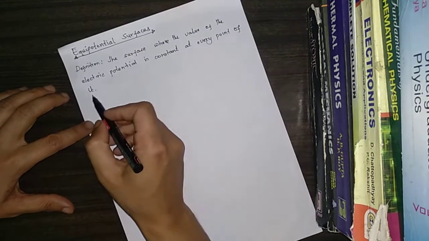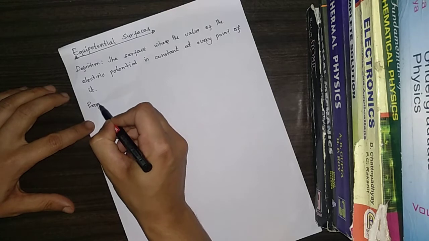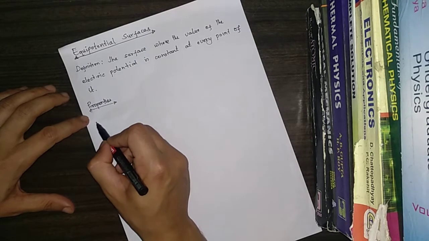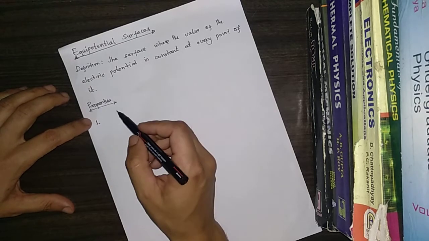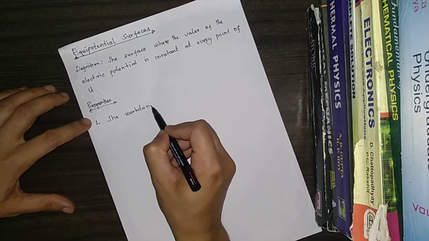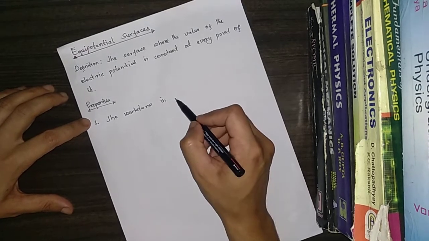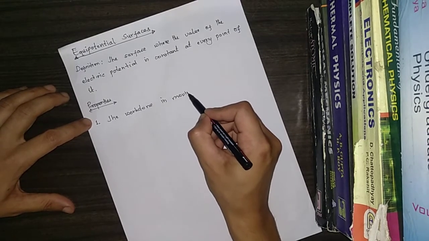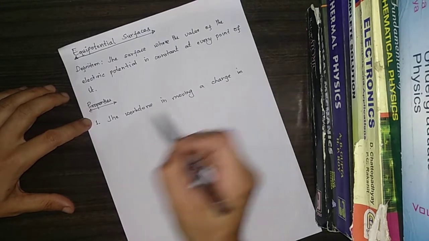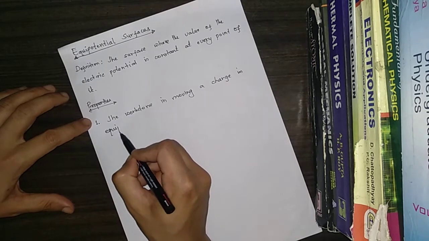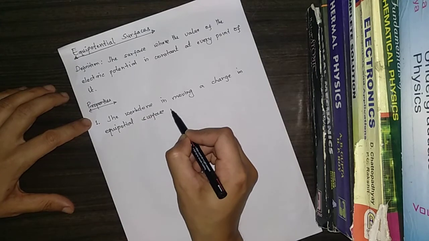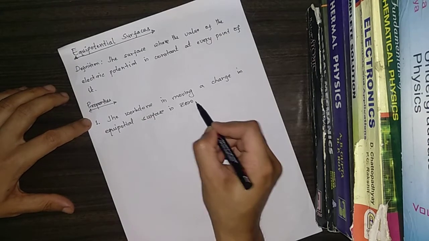So there are a few properties of equipotential surfaces. Number one is the work done in moving a charge in an equipotential surface is 0.